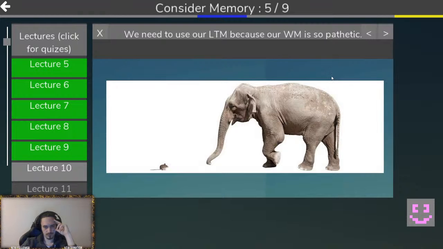So we need to use our long-term memory because there's so many things to learn, and we just cannot fit tons of data into 4 to 9 bits of working memory capacity that we have. Understanding that our working memory is so pathetic is why we need to be a lot more serious and a lot more conscious about what's happening with our long-term memory and how those two systems work together.